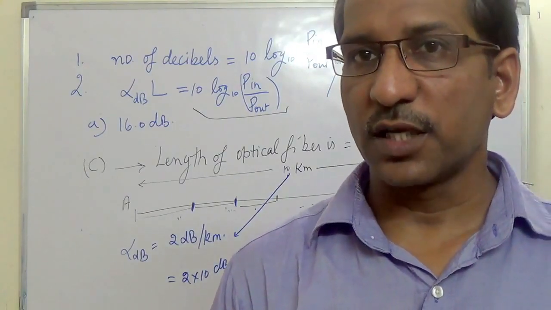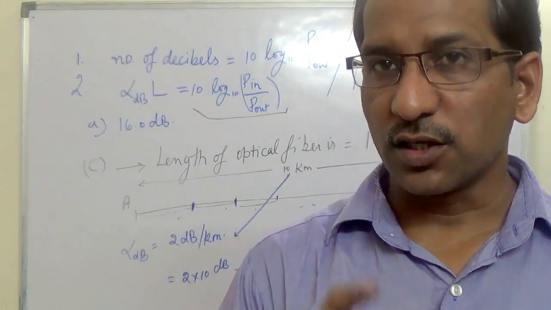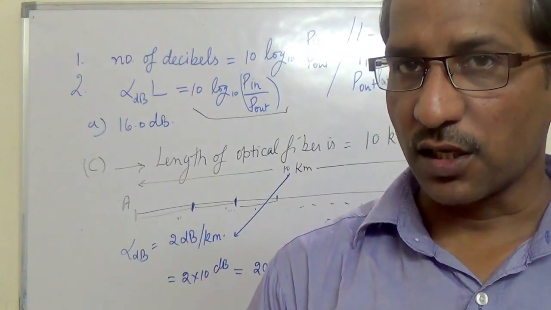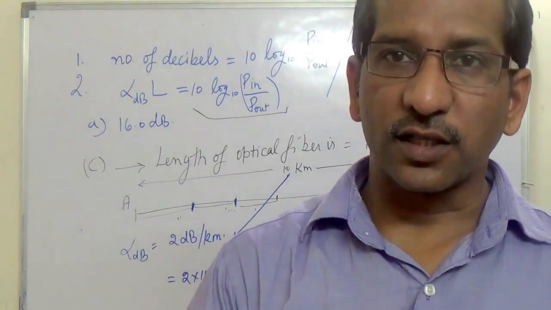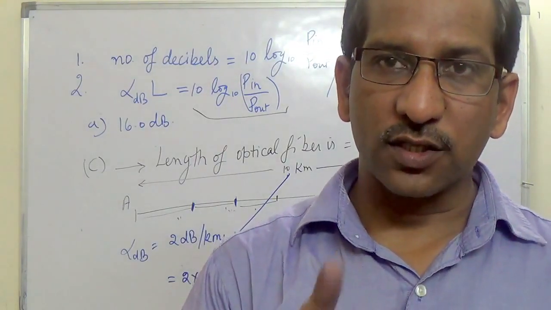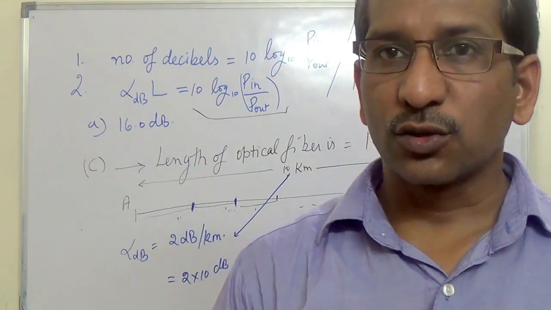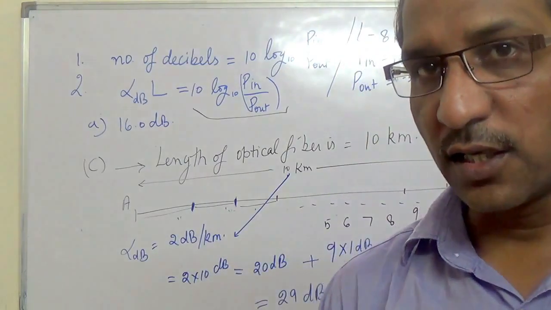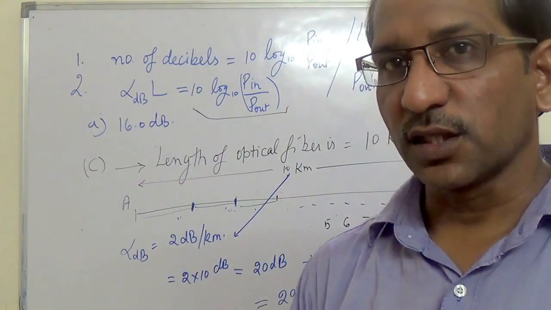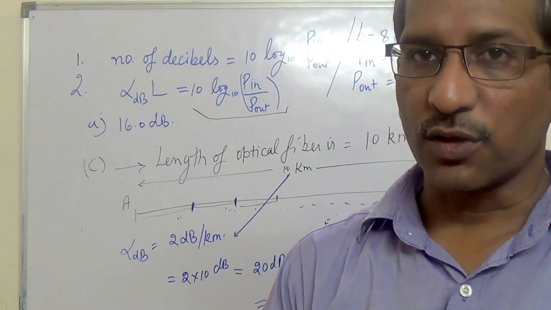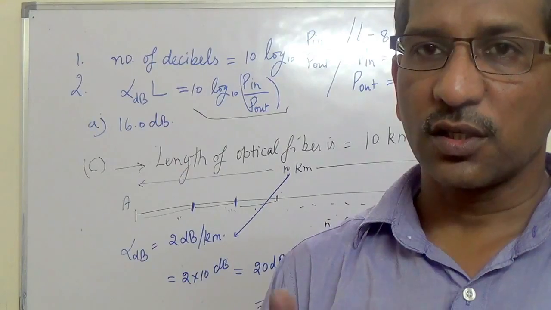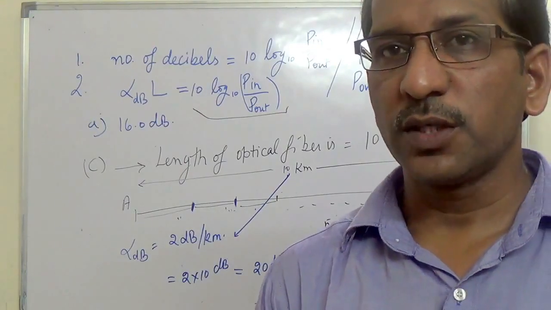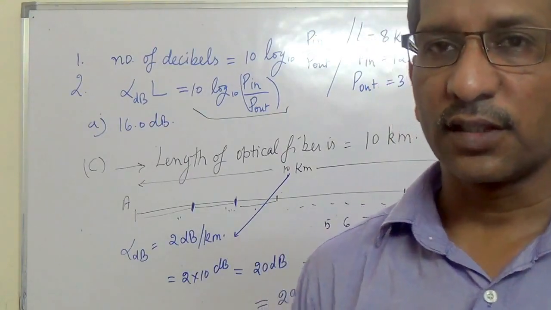And here we have mentioned that for each interval we have a connector, every 1 kilometer interval we have one connector, and the loss because of that is 1 decibel. So there are 9 intervals, so there will be 9 splicers, and for each, as I said earlier, loss is 1 decibel, total will be 9 decibel, right?